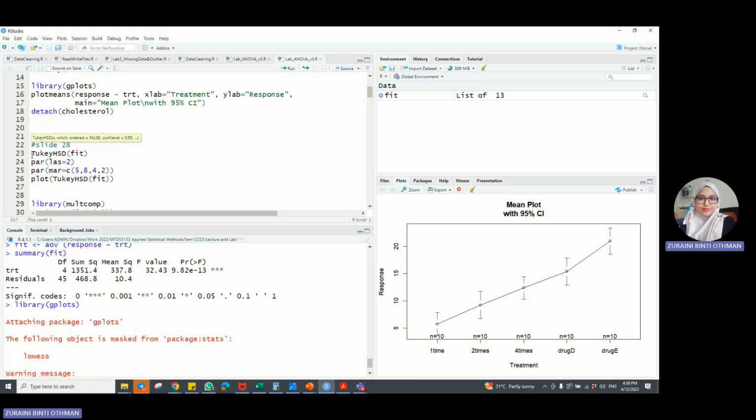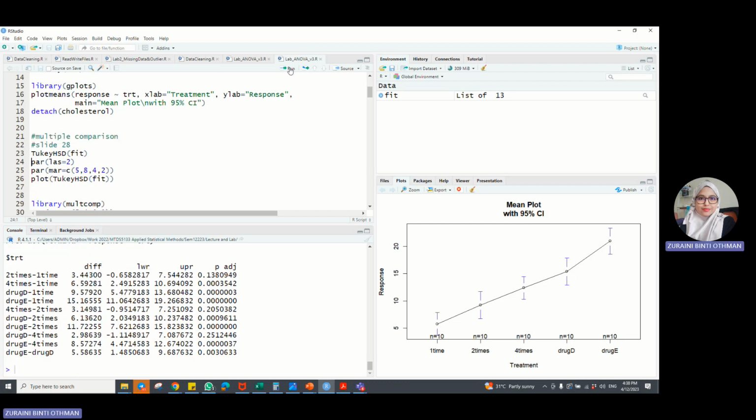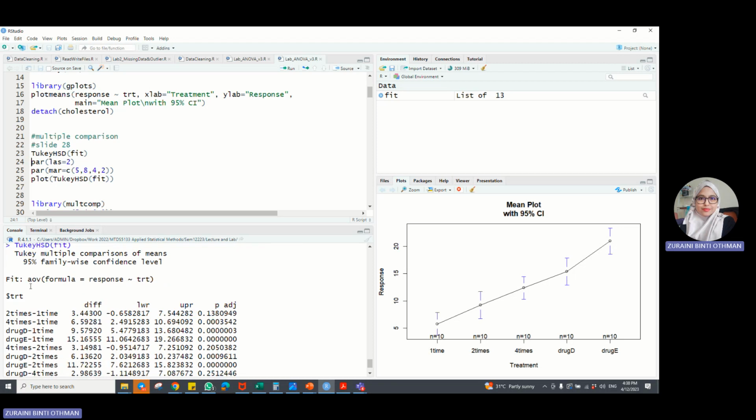Here, we want to know the TukeyHSD. We fit it and run. Okay, here is the TukeyHSD fit. If you can see here, the analysis of variance formula is response with the treatment.